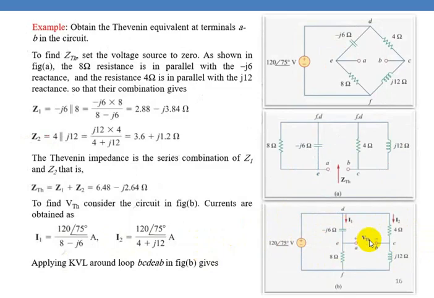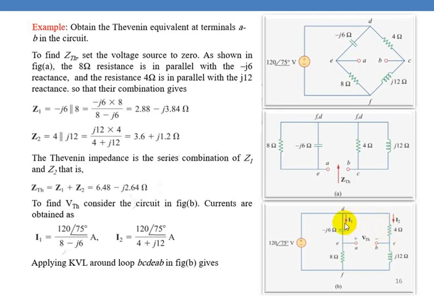Now take this mesh and write the KVL equation. So the polarity is like this. This end is plus, this end is minus, and here the current entering end is plus and this end is minus, and here the current entering end is plus, this is minus. Therefore we can write: plus VTH minus I2 into 4 plus I1 into minus J6 equal to 0.